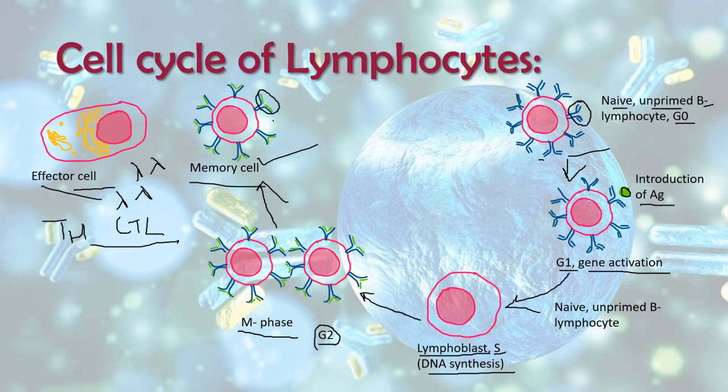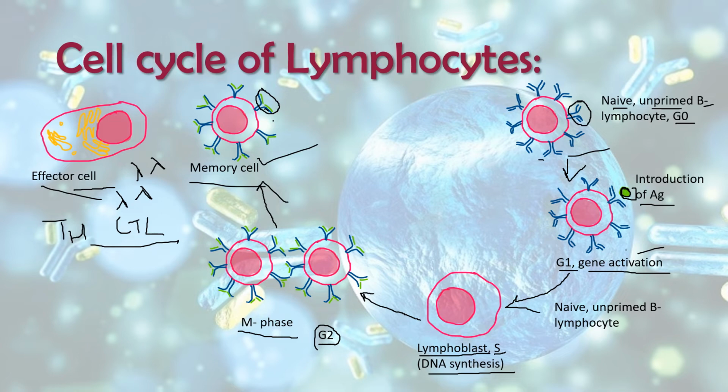They are quite different, because this one is unprimed and this one is specific, as I showed in the green color. This particular one is specific, or we can say complementary, to that particular antigen. So this one is specific to the pathogen that activated the lymphocytes during the G1 phase of the cell cycle.